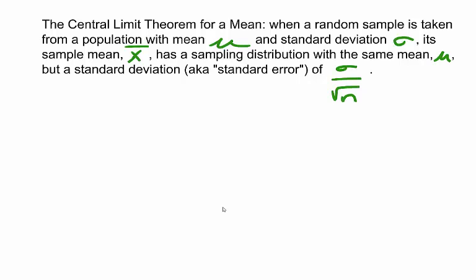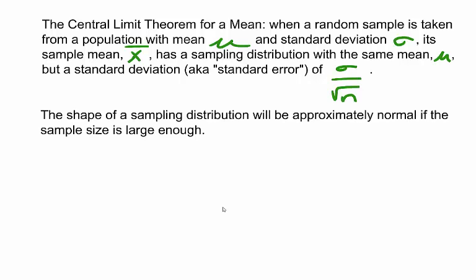The central limit theorem essentially states that when a random sample is taken from a population with mean, mu, and standard deviation, sigma, its sample mean, given by x bar, has a sampling distribution with the same mean, mu, but a standard deviation, also known as standard error, of sigma divided by the square root of n, which is our sample size.